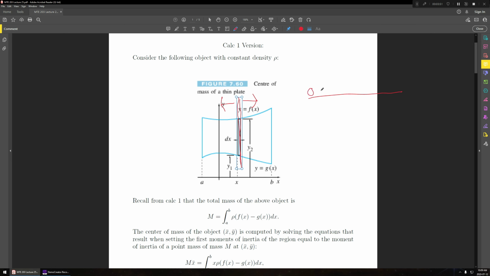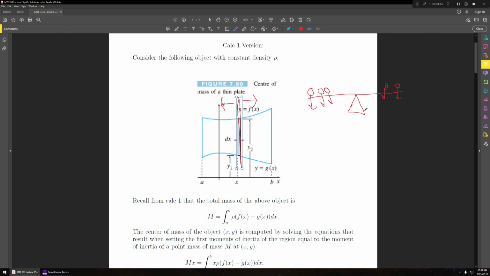Just imagine I have some humans or cats or whatever on here. These have different weights, and they're at different locations. To find the center of mass, I want to find a point here such that the forces from these humans balance the forces from the other humans, right? I want it to balance. That's essentially what the center of mass does.